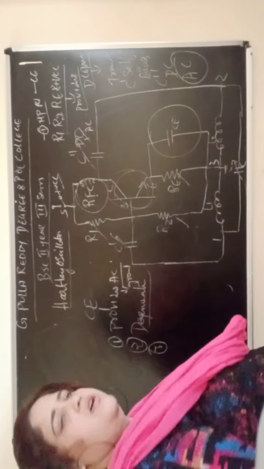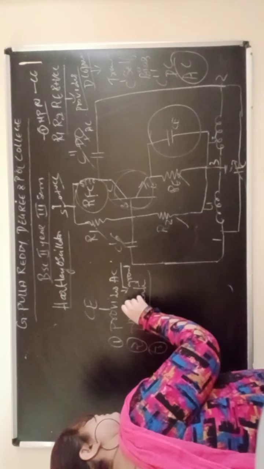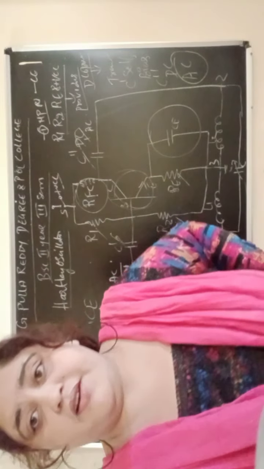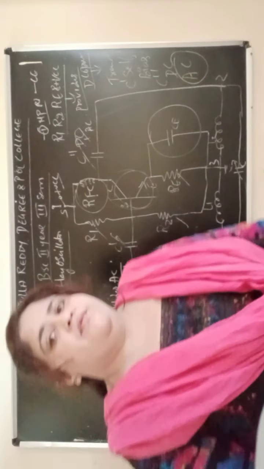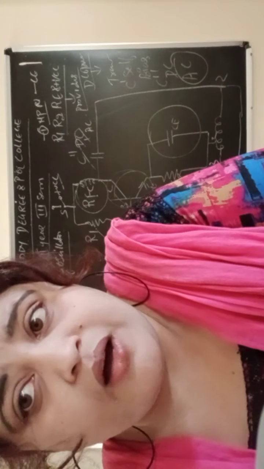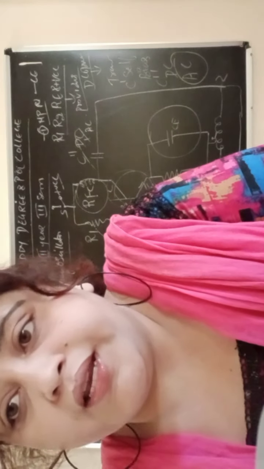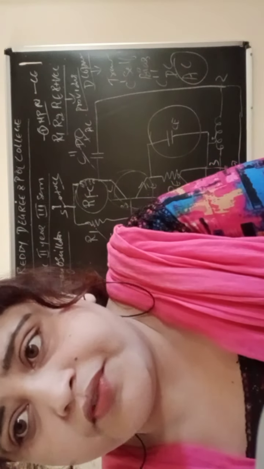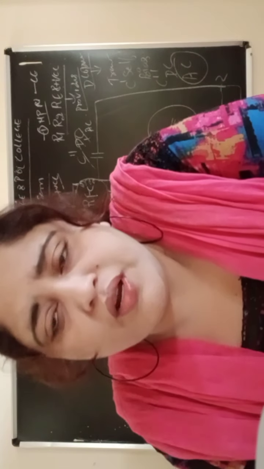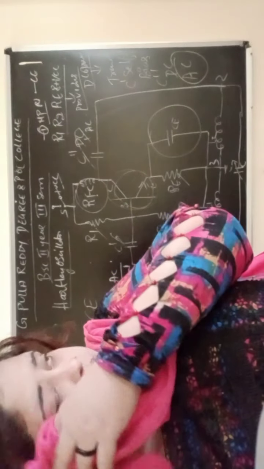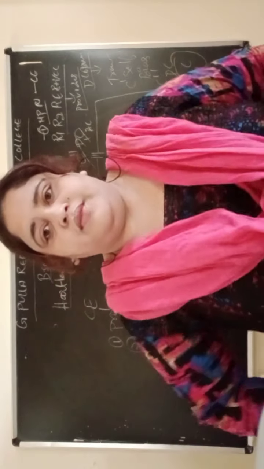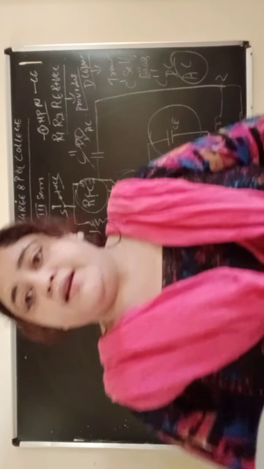Degenerative means negative feedback. Because an oscillator needs positive feedback, like 180 degree plus 180 degree, it is positive feedback. But negative feedback means degenerative, so it will not allow the circuit to become degenerative.